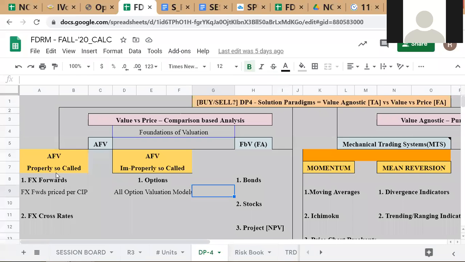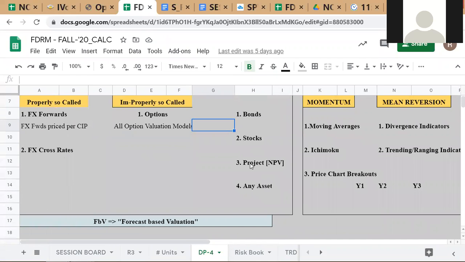Just like when you go back to your old project-based analysis, you do a project analysis and different people come up with different fair values, different NPVs for the same project. The basic facts are the same, but the cash flow estimates are different. So the NPV estimates for different students are all different.